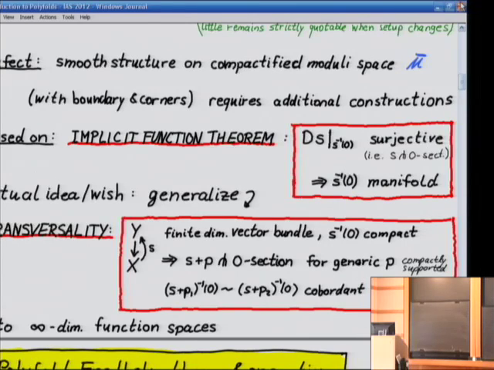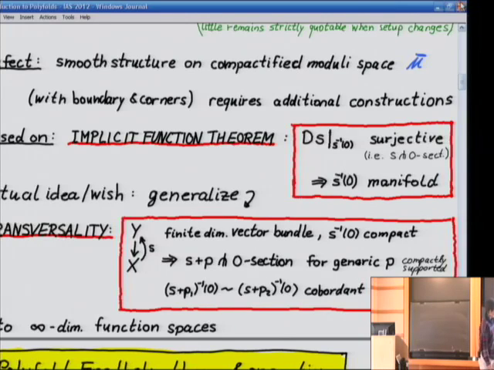Sadly, we only really have this for finite dimensional vector spaces. And there might be a generalization of this to Fredholm operators in Banach bundles, but that does not help us with our moduli spaces of holomorphic curves, because for holomorphic curves, there's still this Lie group action. And this does not tell us that there's equivariant transversality. In fact, that's just wrong in general.